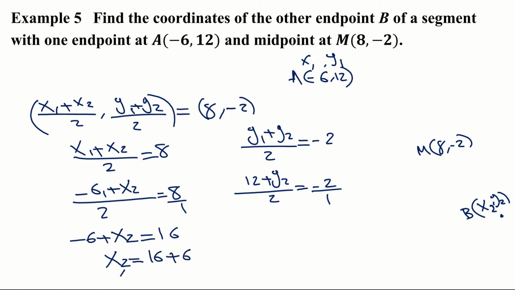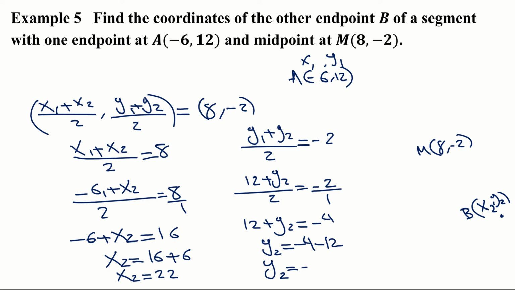Move the -6 to the other side, so we get x2 is equal to 22. Now we do the same on this other side, and we get 12 plus y2 equals -4. So y2 equals -4 minus 12. So y2 equals -16.